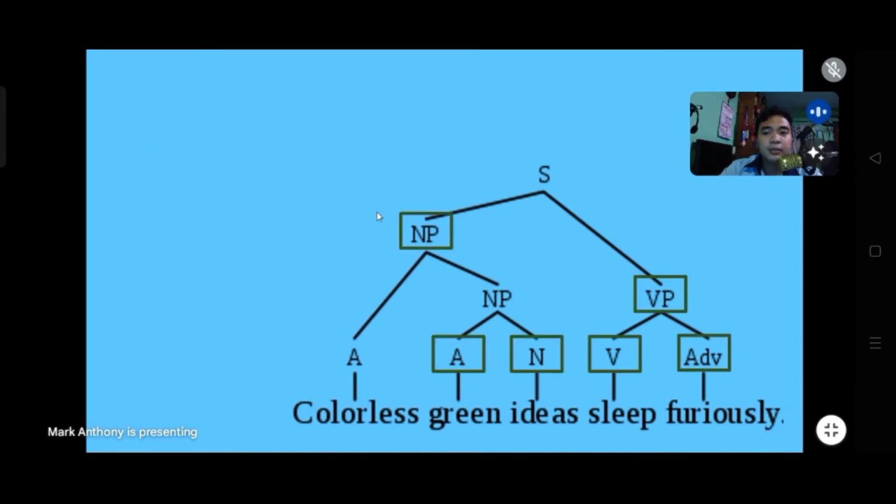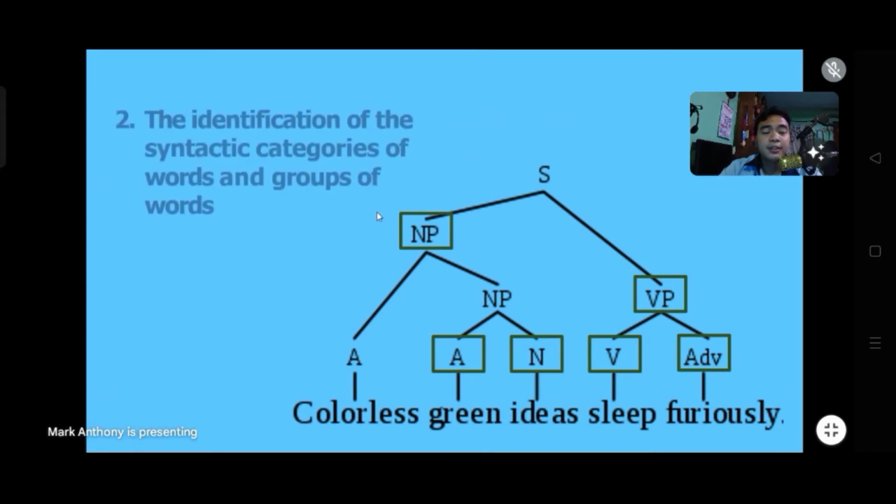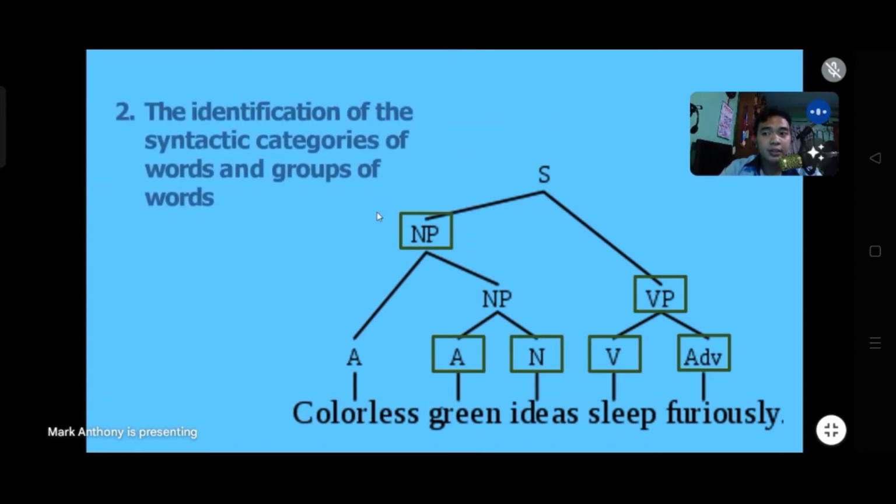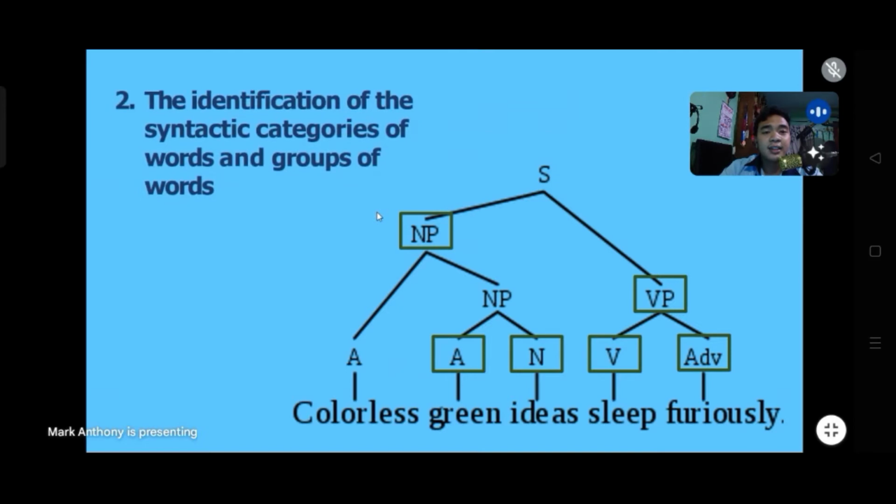The second one, the phrase structure tree allows us to identify the syntactic categories of the words and groups of words. So basically, it categorizes the different constituents, or the group of words, in a sentence.